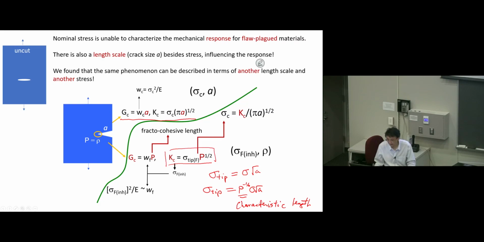So at the end of the day, we find that this, at least to the leading order, can all be understood in terms of inherent strength. In other words, instead of this pair, it's this pair that reveals the true physics of it. And I say one more time, how sharp the tip is, is where the mystery is.